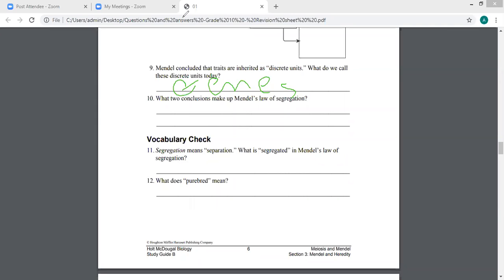The last one. What does purebred mean? Is it like self-pollinated? No, that's wrong. That's completely wrong. It's not a different generation. Listen to me. The meaning of purebred, you can find it in your book, section 6.3.